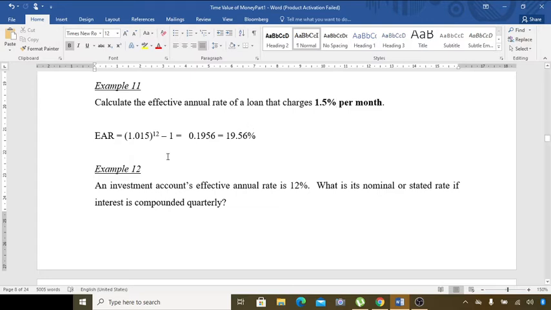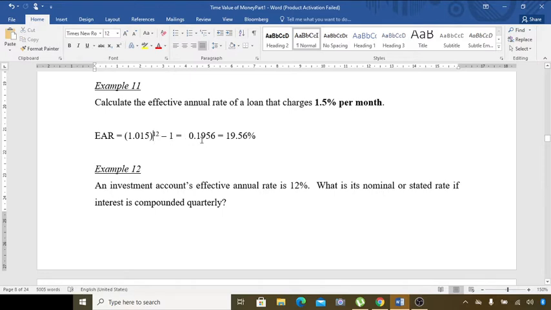Let's calculate. Because this is already the monthly 1.5%, 0.015 plus 1 is 1.015, to the power of 12, because of monthly compounding, m is 12.